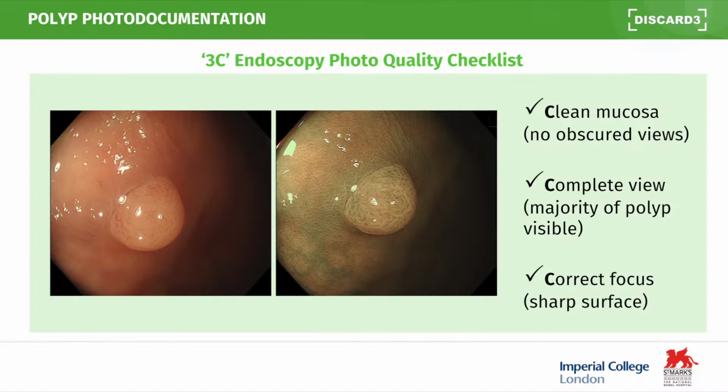To overcome that and facilitate a high confidence optical diagnosis, we would suggest using the 3C photo quality checklist as an aide-memoire, which is really important when employing a resect and discard strategy. Ensuring that a polyp has a complete view, a clean surface, and is correctly focused helps to optimize the photodocumentation.